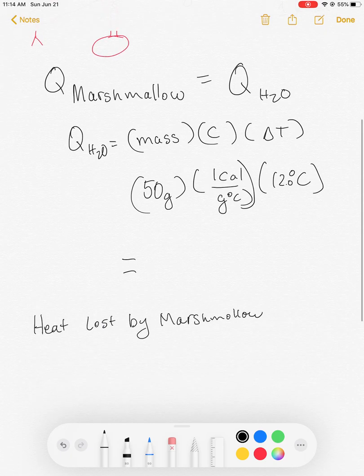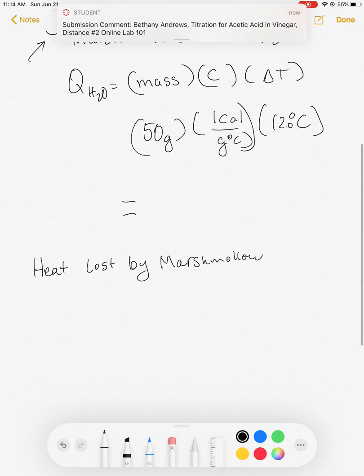So, in your experiment, you had a marshmallow, and you wanted to know how much energy was in the marshmallow. And so we indirectly measured that by calculating what kind of energy it produced, how much it changed the temperature of water.